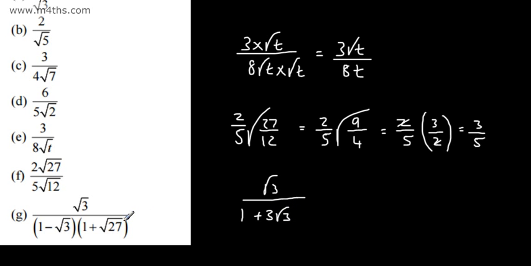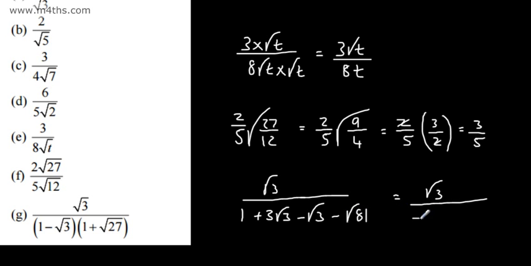Then I'm going to have on here minus 1 lot of root 3. So minus 1 lot of root 3. And now we've got a minus the root of 81. So minus root 81. So if we do a bit of tidying, that's going to be the root of 3. And then we've got now 1 minus the root of 81. The root of 81 is 9.